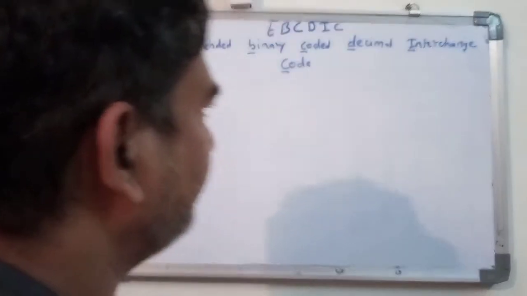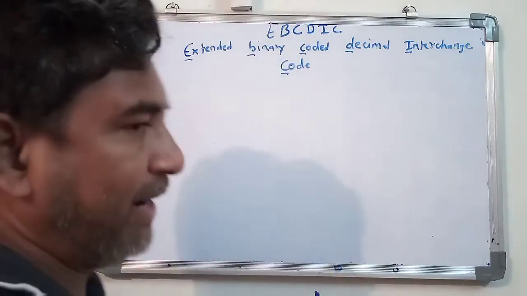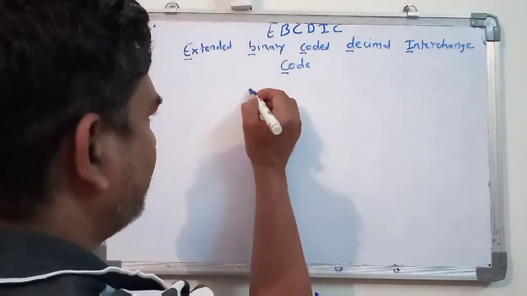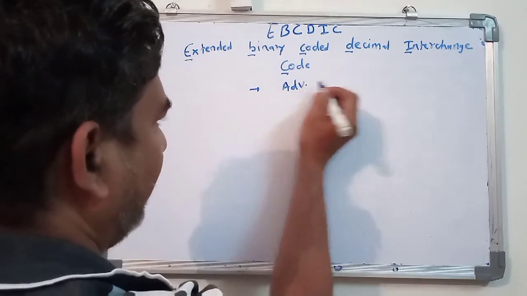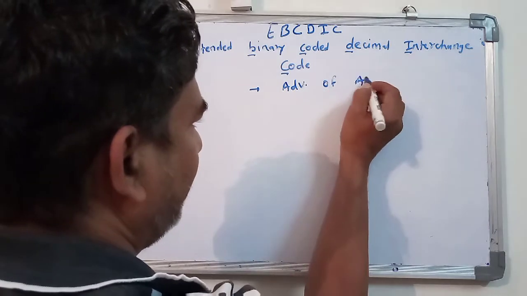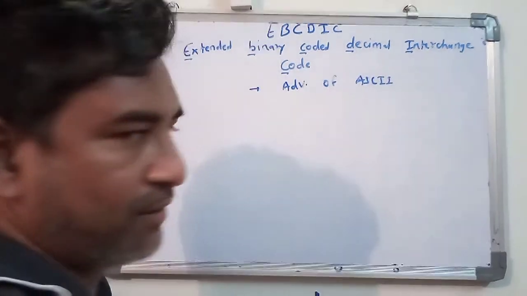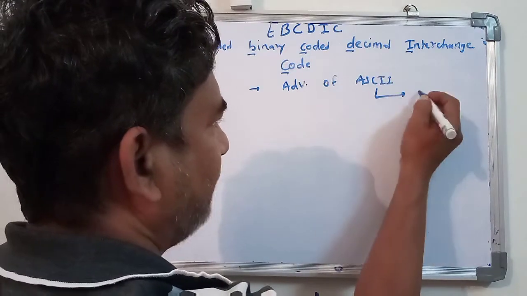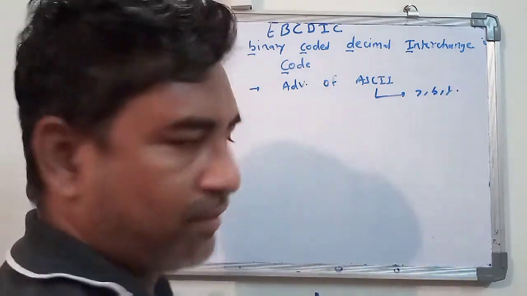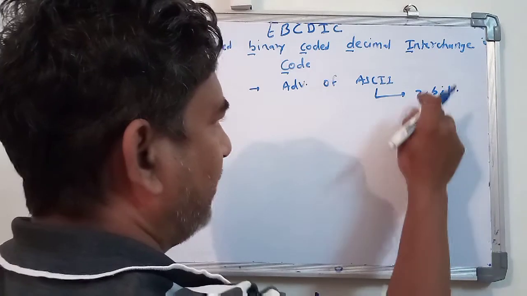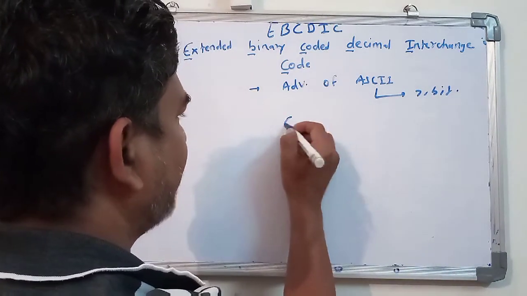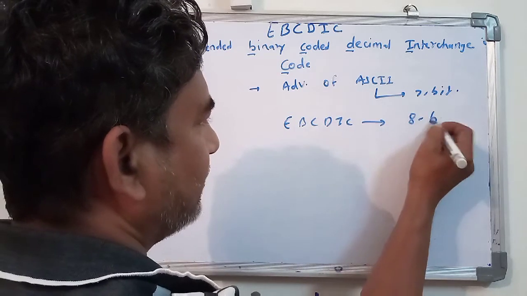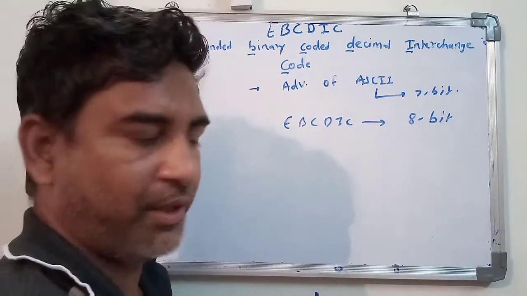Now, it is the advanced form of ASCII. First point, advance of ASCII. As previously I told you, ASCII is of 7 bits. Now this EBCDIC is of 8 bits.